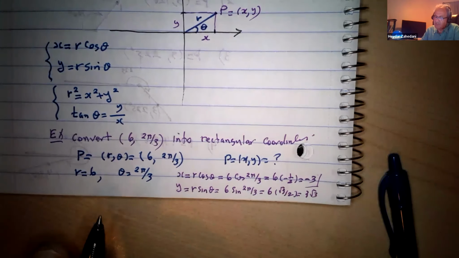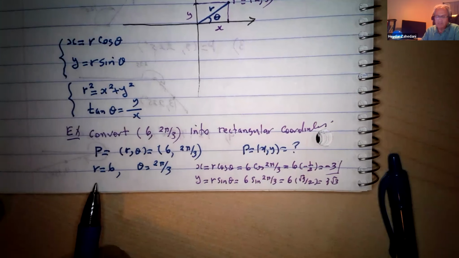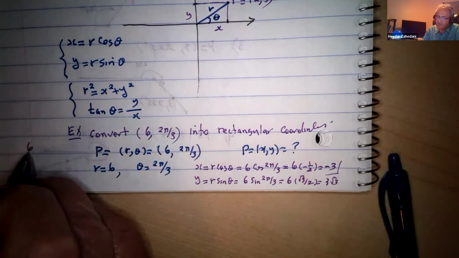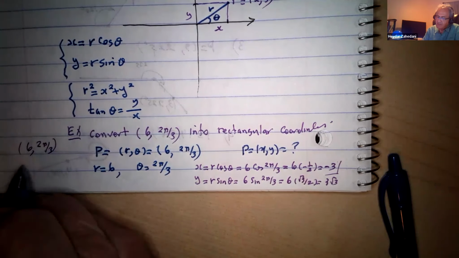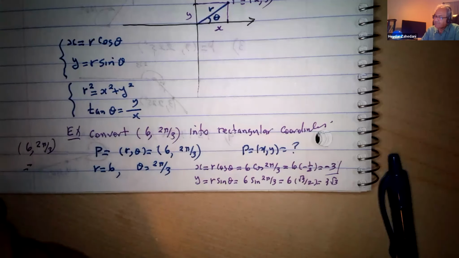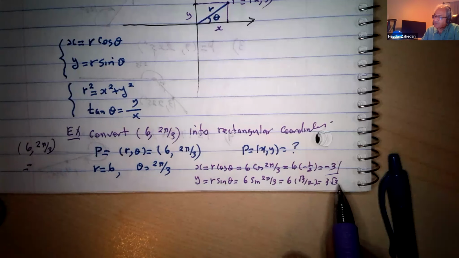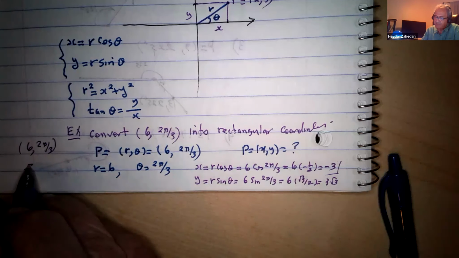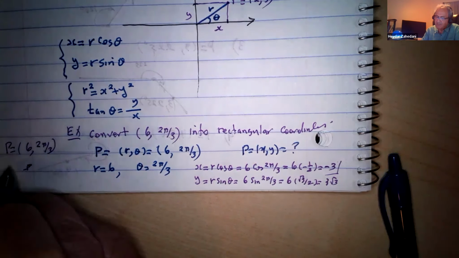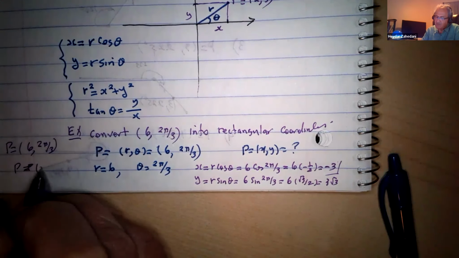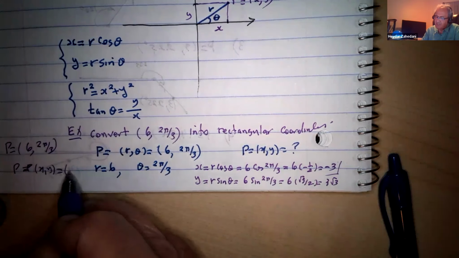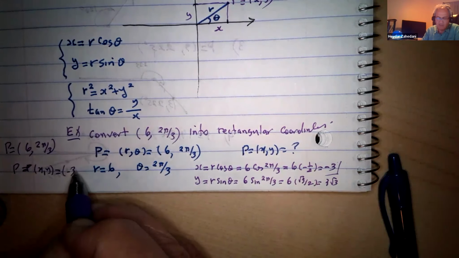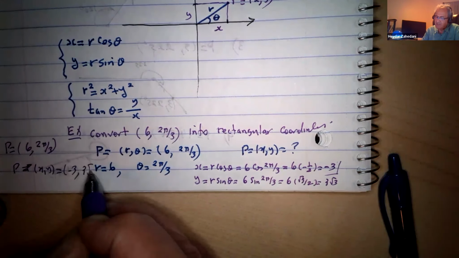Okay, so the point in question, this is it. You have the polar point (6, 2π/3), and the point in XY coordinates is simply going to be negative 3 comma 3 radical 3.